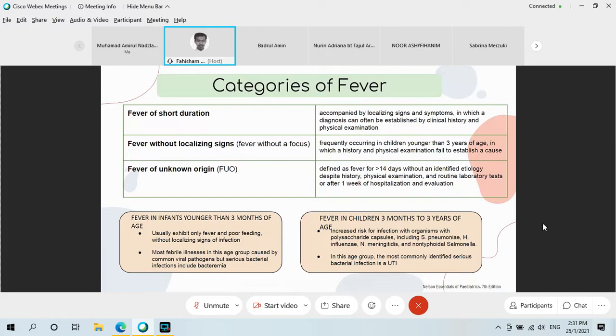Viral illness or anything with viremia will be very short, unless it progresses to complication. So when you have influenza virus and then complicated by pneumonia, then it's prolonged, isn't it? But whatever short history of fever is most likely to be viral in origin. That's what I want to say.